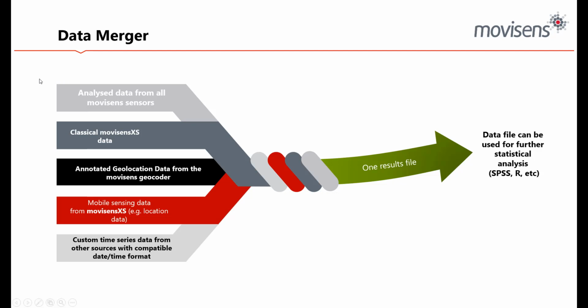But it just allows you to take data from all of the different movisens sensors, the classical movisens Success data, geolocation data from the movisens geocoder, mobile sensing data from movisens Success, so things like other locational data or other context values that the movisens Success platform can analyze and gather in the background of running a study, and also custom time series data from other sources that have a compatible date and time format. And then you'll get one fantastic results file, and that data file can be used for further statistical analysis, SPSS, R, etc.